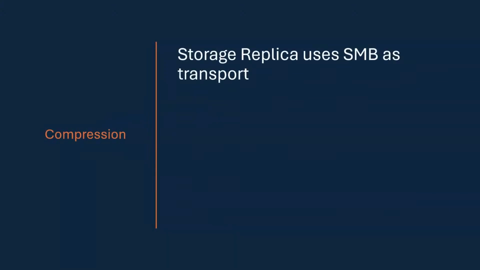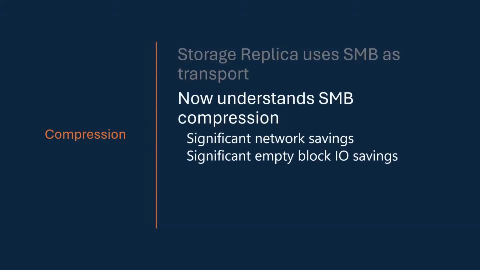And then there's compression. Storage Replica uses SMB, you know me from SMB, as its fabric, as its transport. And because SMB does compression, we plumbed SR to do compression. That can give you really significant network savings. It can save you a lot on inefficient IOs that write a lot of effectively empty blocks into the data.